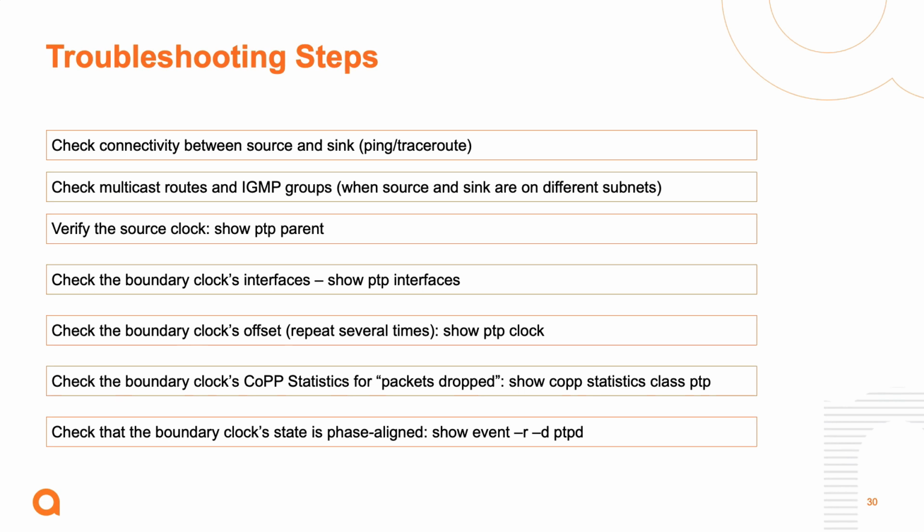And this is key. Whenever you have a boundary clock that just started and connected to a grandmaster or to a parent, or whenever there was a failover, check the event log for the state of the ptp clock.